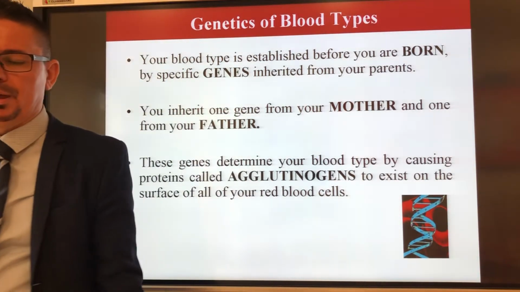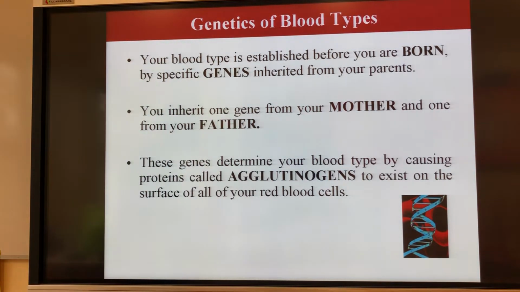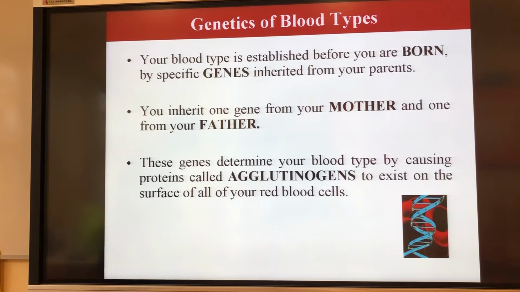But there's a problem that they have antibodies as well. For example, if you have the antigen A on the red blood cells, then you have got type A blood, but blood type A has the B antibody as well.